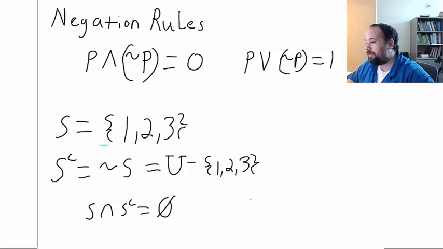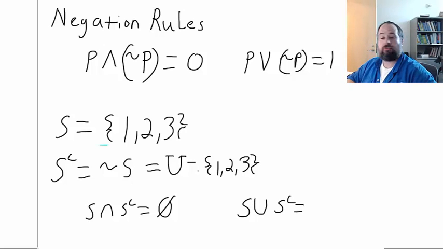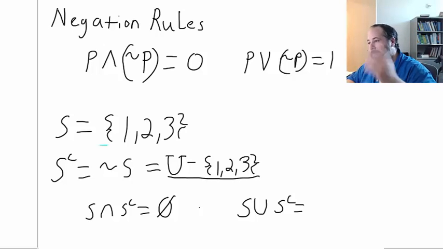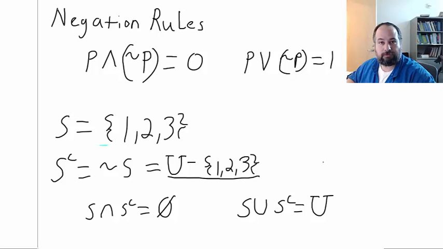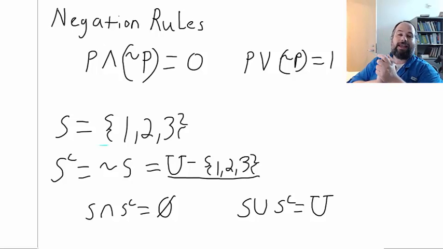By the same token, if we have S unioned with S complement, well, we've just shown that S complement is the universal set minus S. So once we union them back together, we get the universal set. So our negation rules and our bound rules still apply. They are just a little bit different because instead of zeros and ones, we're talking about the empty set and the universal set.